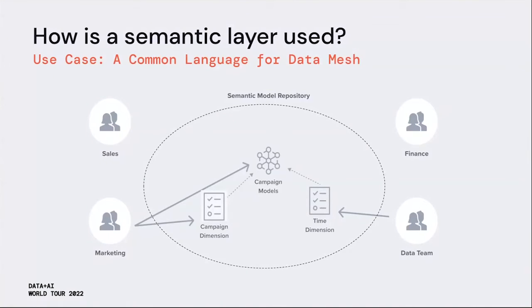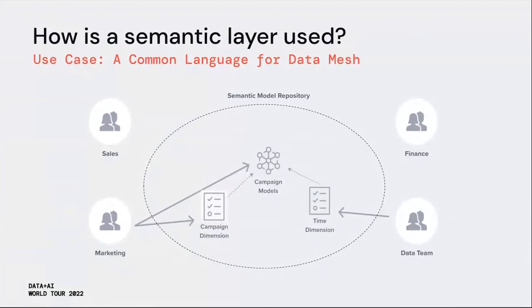So let's say the marketing team obviously owns marketing campaigns, so they may be the data steward for the campaign dimension. And with the campaign dimension, they can combine their campaigns with the time dimension and create a campaign model. So with a campaign model, now they're the data steward and they're the owners of that.